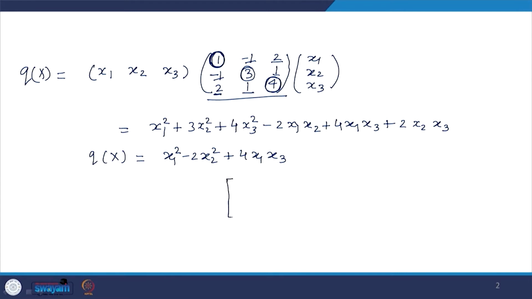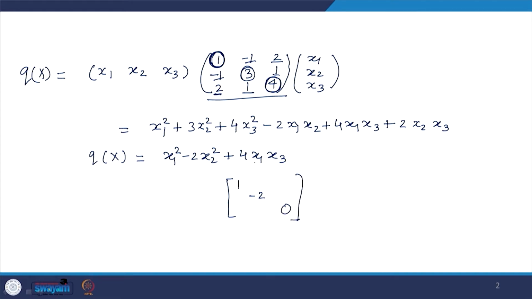The coefficient of x 1 square will be the diagonal element A 1 1, the coefficient of x 2 square will be the diagonal element A 2 2, that is minus 2 here, and the coefficient of x 3 square is 0, so I will write 0. So, these will be the diagonal elements.